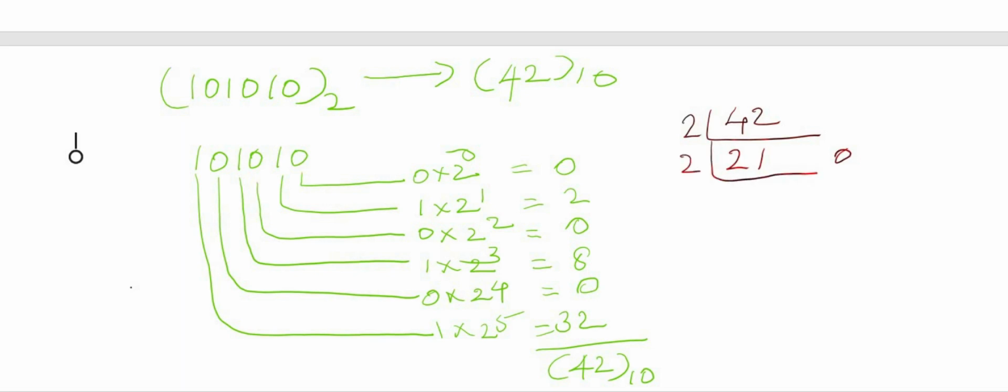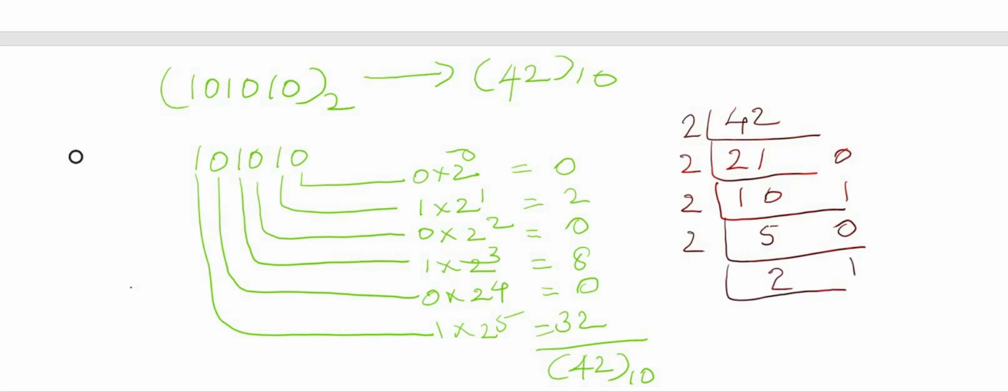Again divide: 2, 10, 1 remainder. 2, 5, 0 remainder. Divide: 2, 2, 1 remainder. 2, 1, 0 remainder. 2, 0, 1 remainder. And we can write that number from bottom to top, last remainder to the first remainder.